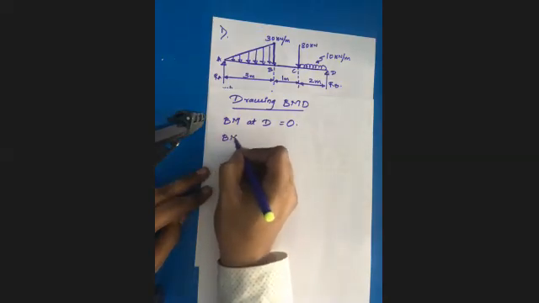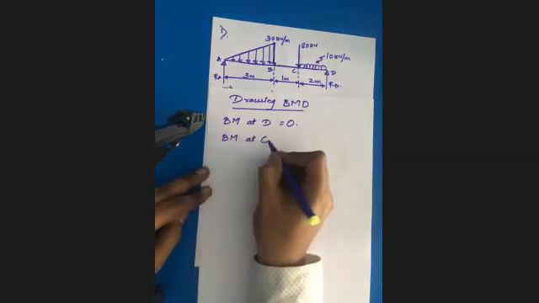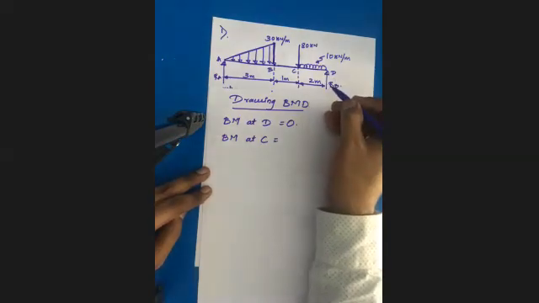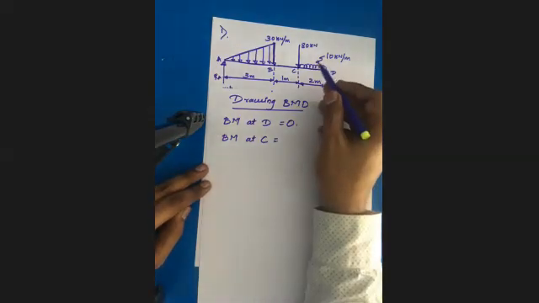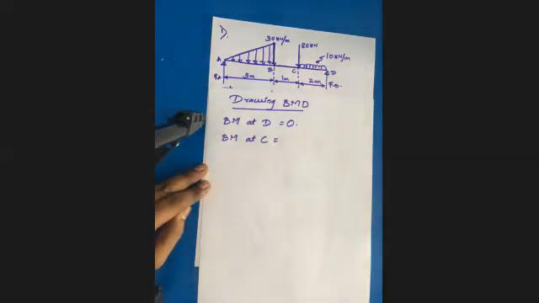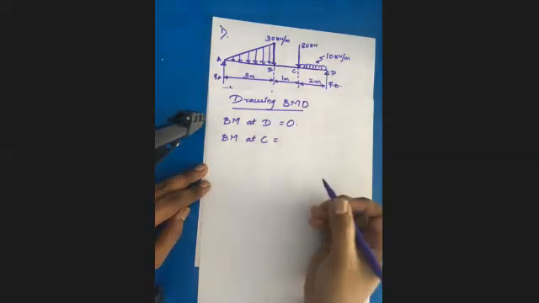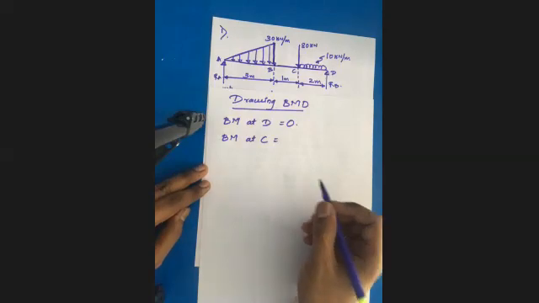Bending moment at C will be due to this RB and this 10 kilonewton UDL. So I'll write it down as the value of RB is 85 kilonewton.